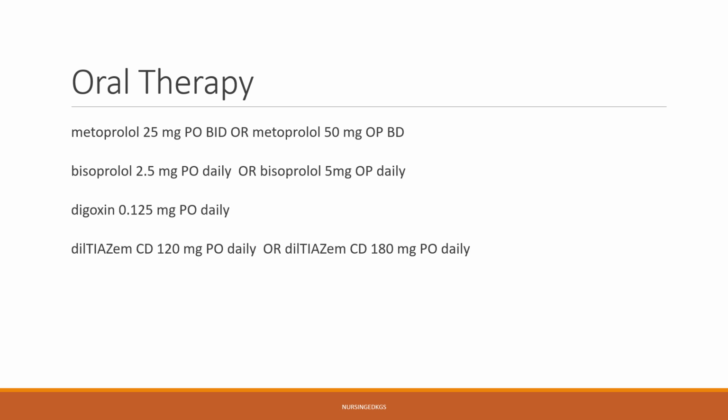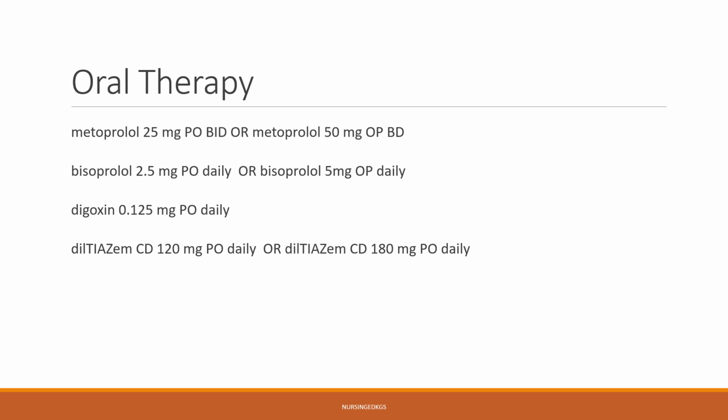Now, some of the examples of oral medications that you'll often see patients receive while they're in the hospital for AFib, and they're also discharged on these medications to take either daily or BID. So metoprolol, bisoprolol, those are your beta blockers. Then you have digoxin, and then you have your diltiazem.